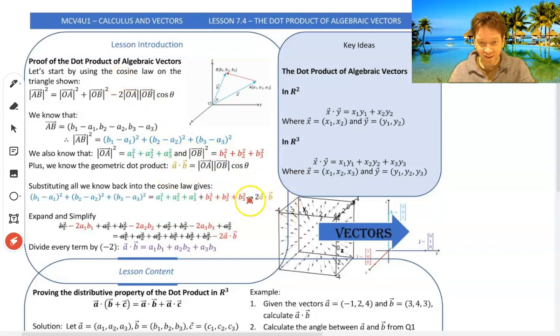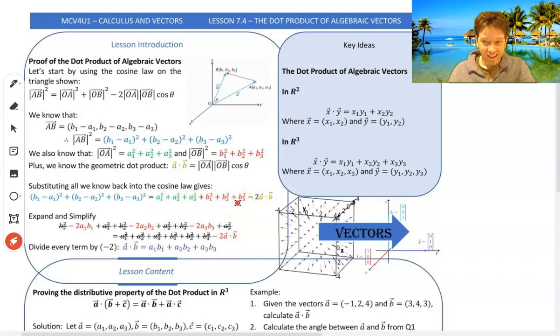So you can see it here, minus 2 A dot B. The magnitude of AB squared, which I have here in blue, I'm going to substitute back into the cosine law, and similarly, the same thing with OA squared and OB squared.